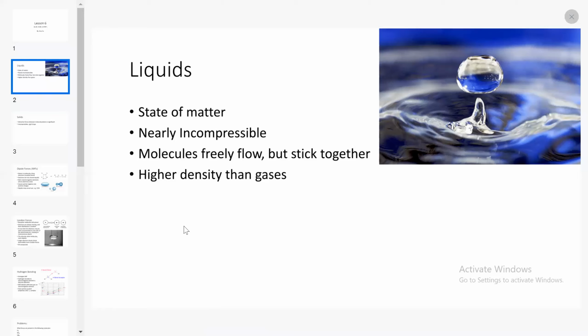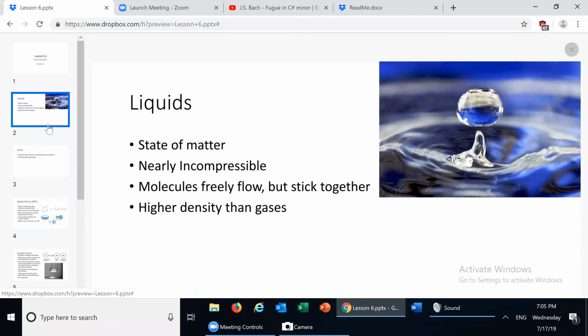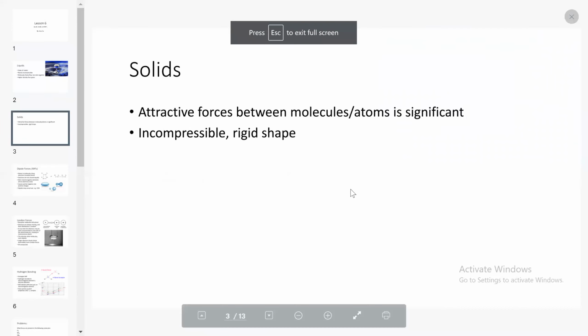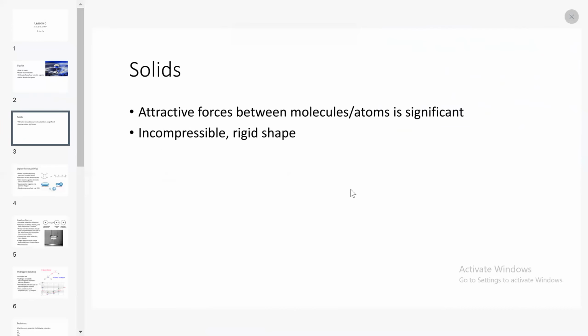And most solids also have very high densities compared to gases. Okay. So solids. In solids, we start to have more significant attractive forces between molecules or atoms. So this means that solids are incompressible and they have a rigid shape, right?